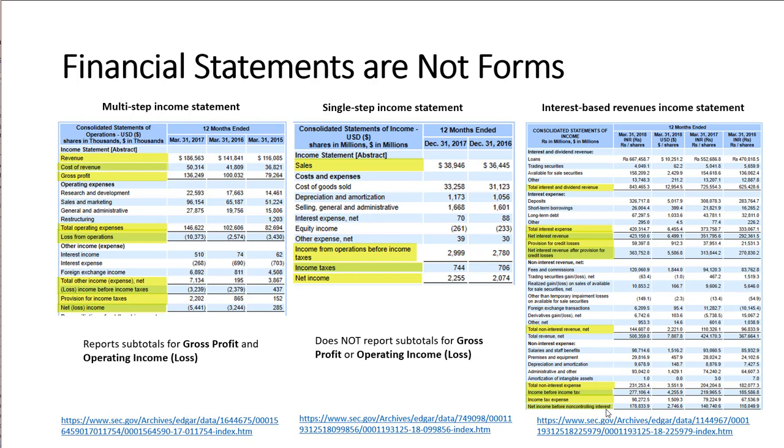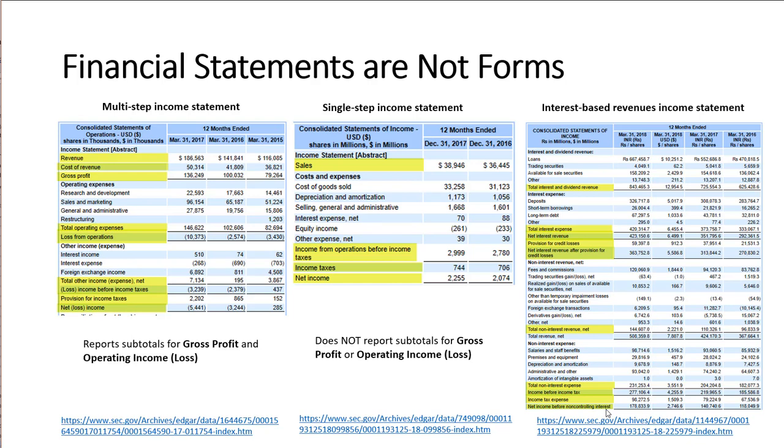The first one, on the left, is a multi-step income statement where we report revenues, cost of revenues, and gross profit as a subtotal. You report total operating expenses, and you report loss from operations. In the middle one, a single-step income statement, you have revenues, basically sales.